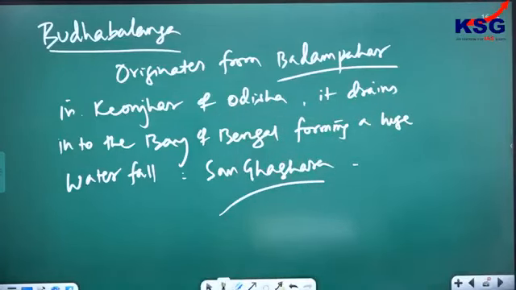Okay, so you can see this. Do you have the atlas? Can you just find out where exactly this is located? See, in Odisha it is located. You can see the Budhabalanga river waterfall.